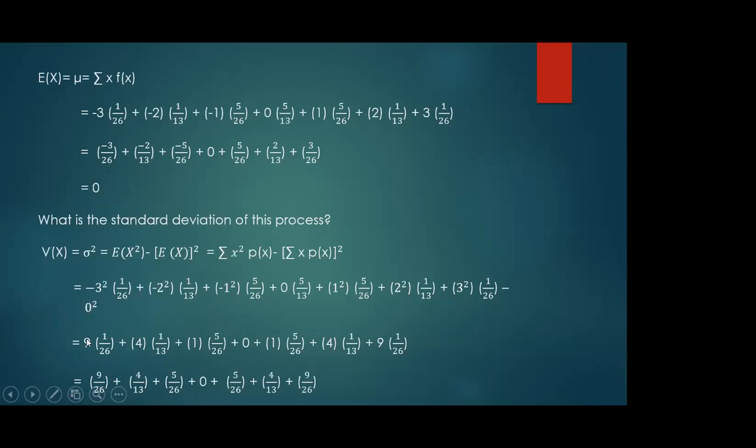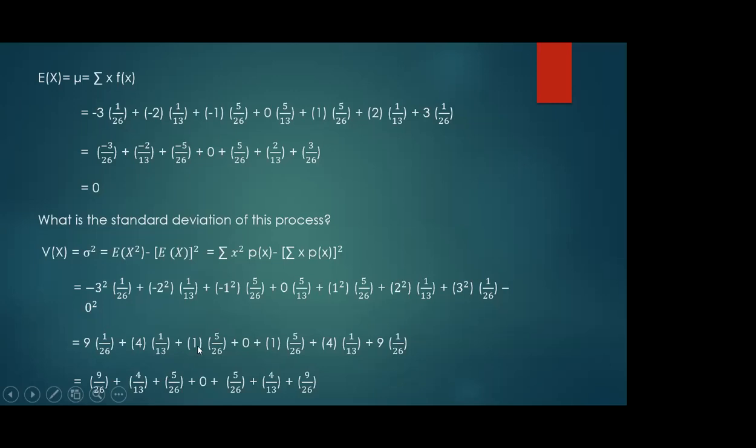We know that 3 squared is 9, and 9 times 1 divided by 26 is going to give us 9 divided by 26. Negative 2 squared is 4, and 4 times 1 divided by 13 is 4 divided by 13.